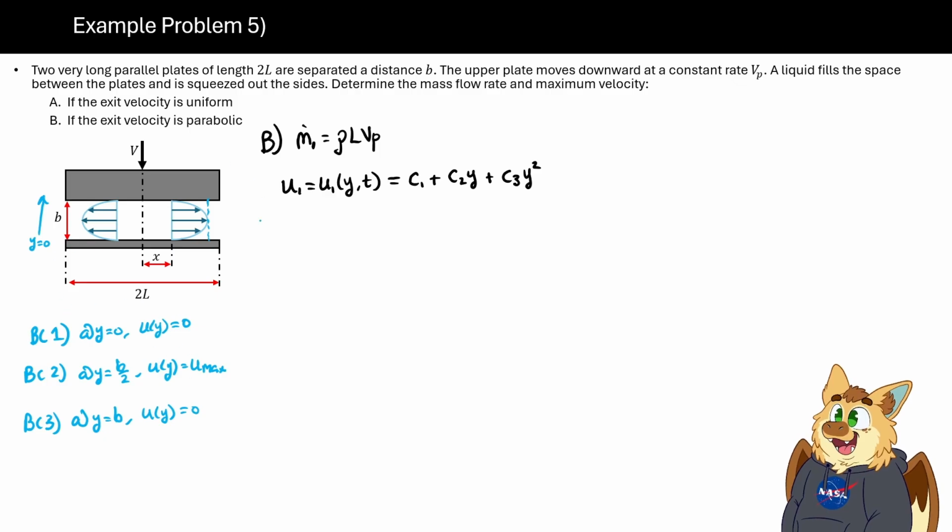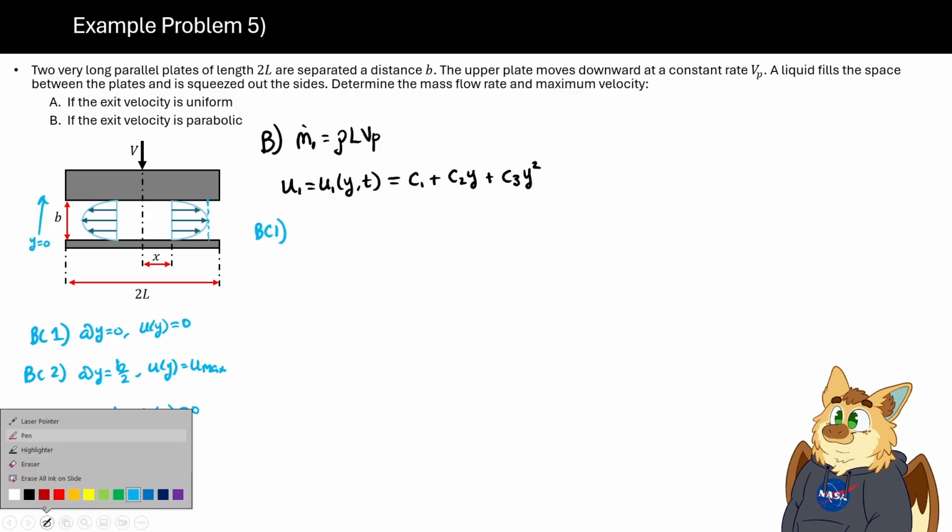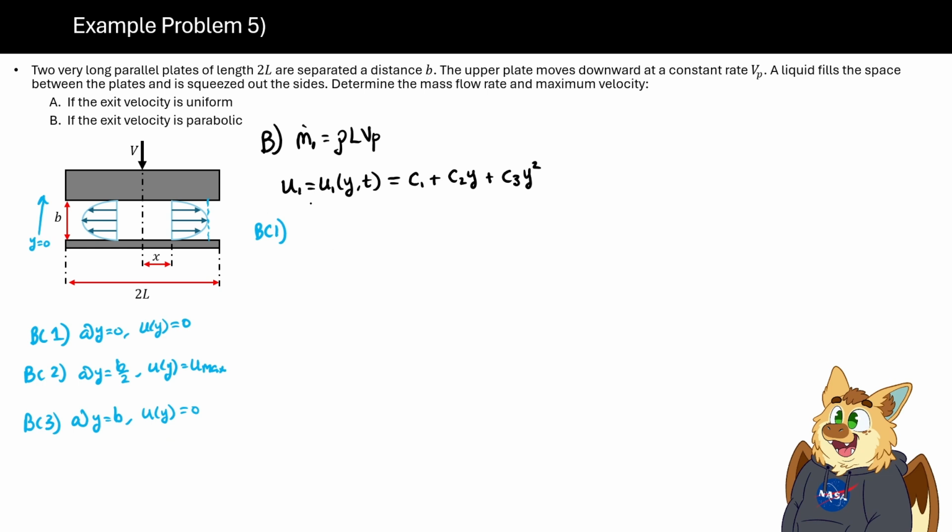So let's apply boundary condition 1 to start solving for some of these constants. So u of 0, which is equal to C1 plus C2 times 0 plus C3 times 0 squared. These two terms are gone because of zeros, and we find out that C1 is equal to 0.